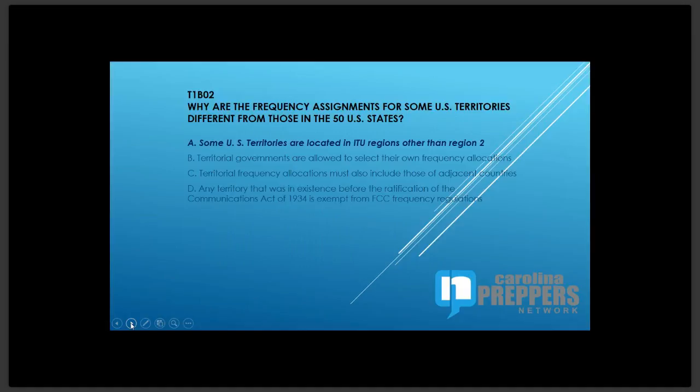Why are the frequency assignments for some U.S. territories different from those in the 50 states? Again, located in different regions. And when you look at these answers here, territorial governments are allowed to select their own frequency allocations. That's not true. Their rules have to fall under the collective rules of the ITU region that they're in.